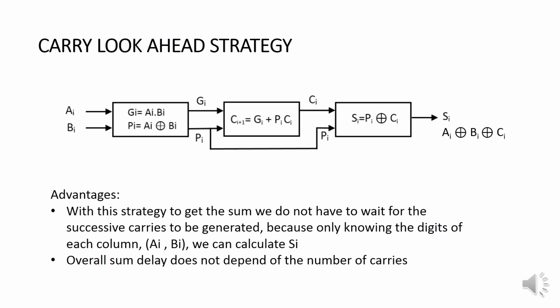First, with this strategy, all the carries are generated in advance by the equations, and knowing the digits A and B of each column, we can calculate all the sums in one shot. And second, the overall sum delay does not depend on the number of carries, whereas in the rippling diagram, the total delay depends on the numbers of carries.